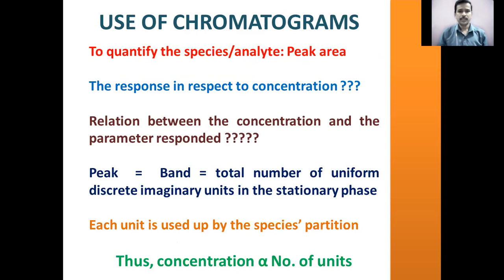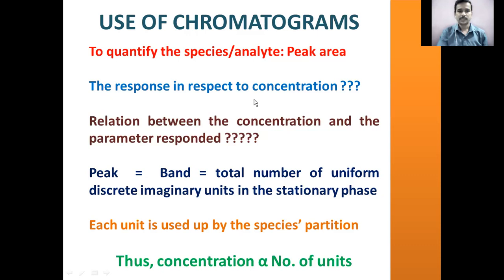Okay, so peak area is a very important aspect. You must not forget this. You have to remember always that peak area will be used to compare and obtain the concentration of the solutes. So the detector will be responding. Some chromatographic peaks will have greater peak area and some will have lower peak area.